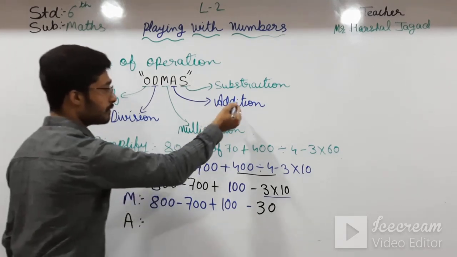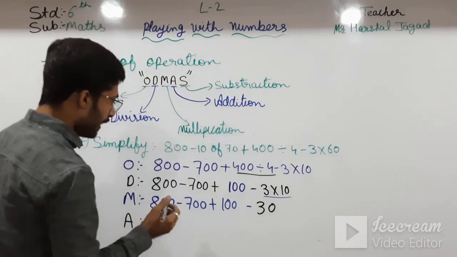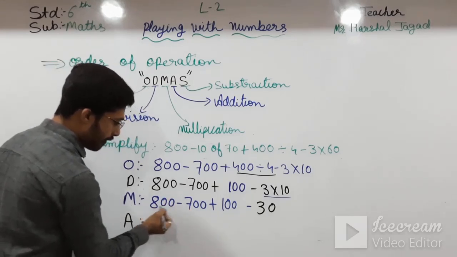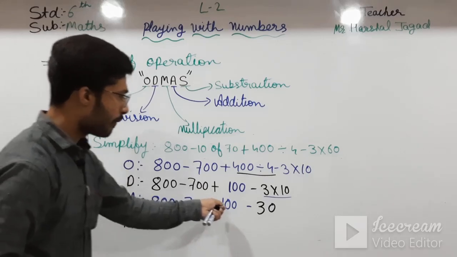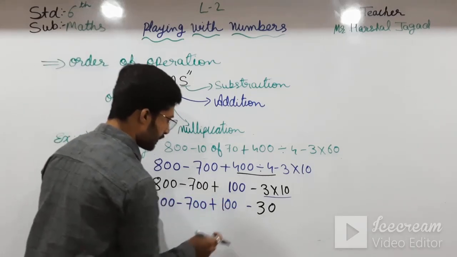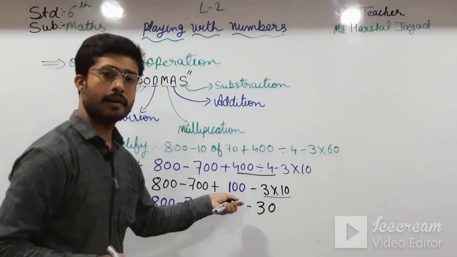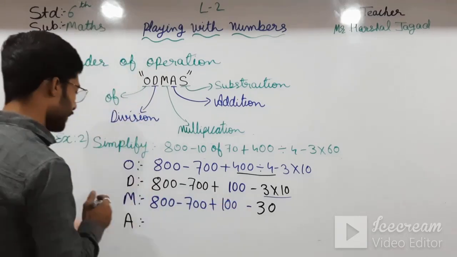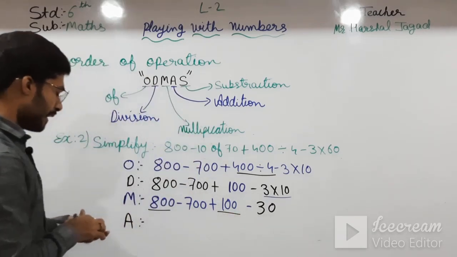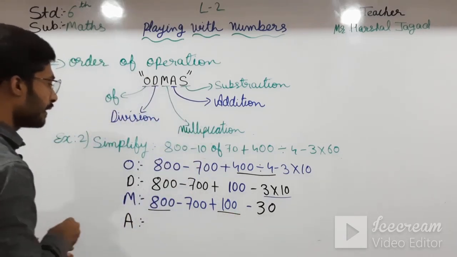A means addition. Here, if I take this 100 over here, 800 plus 100, these both are plus. 800 plus 100, that is 900. This one and this one, then it will be 900.